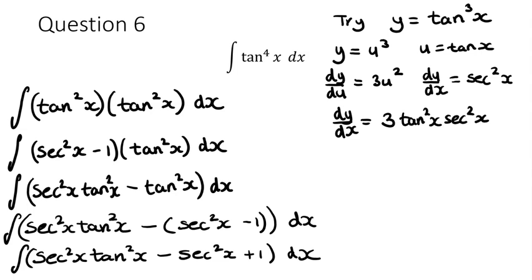Okay, so when I differentiate tan cubed, I get 3 tan squared sec squared, which is nearly just sec squared tan squared, except I end up with a 3 in front of it. So that means that integrating 3 tan squared sec squared would give you tan cubed. So if it's just a single sec squared tan squared, the answer will just be a third. So integrating sec squared tan squared is a third tan cubed.